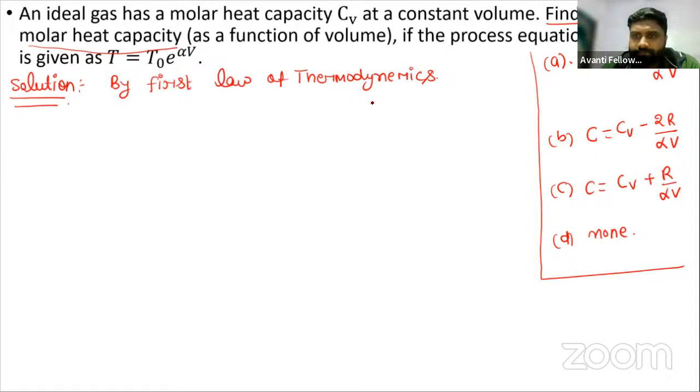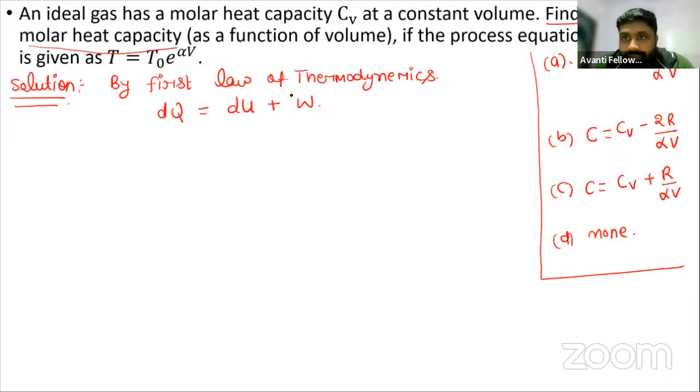Now we know that the first law of thermodynamics is dQ is equal to dU plus W. Got it?